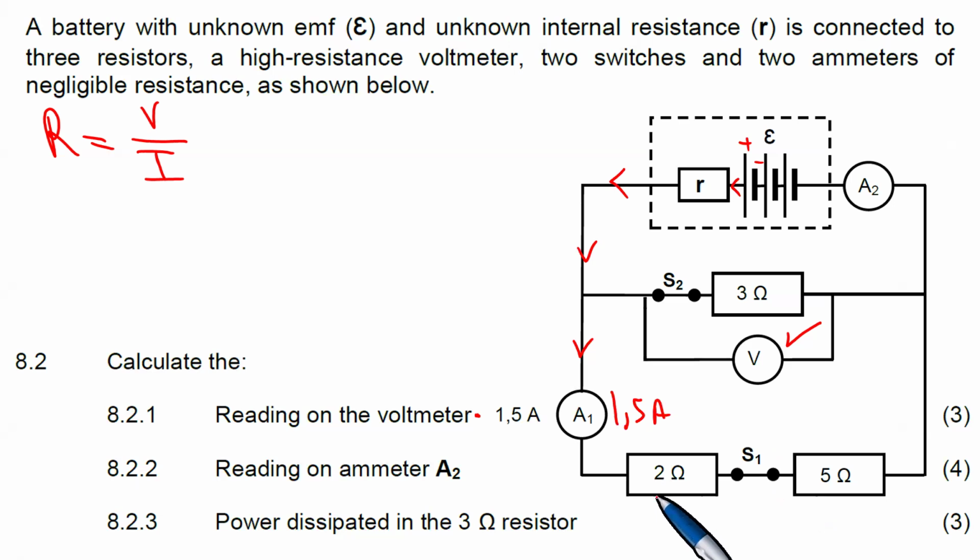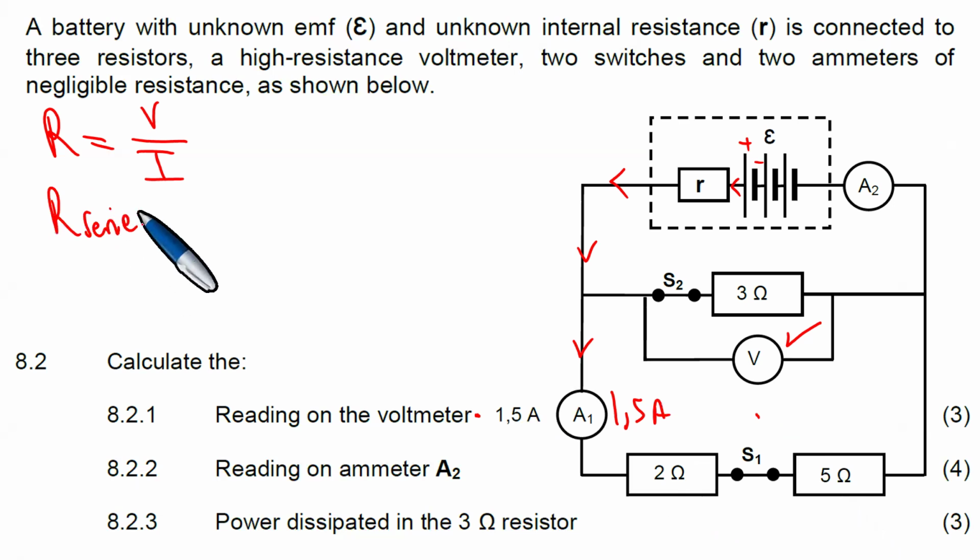For example, somebody can consider the current that goes through this resistance to find the potential difference here, which I think is going to be the easiest way to do the question. But simultaneously, you need to consider that this resistance and this resistance give us the R in series.